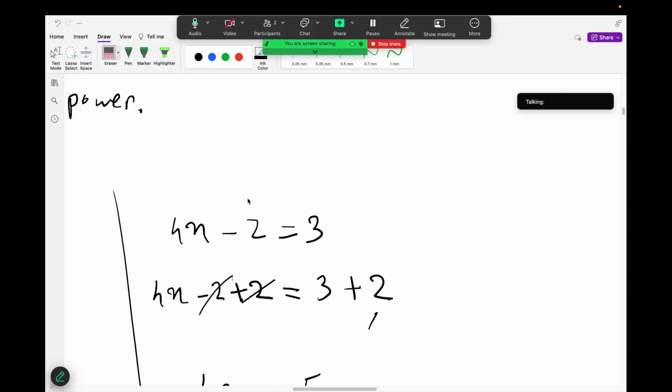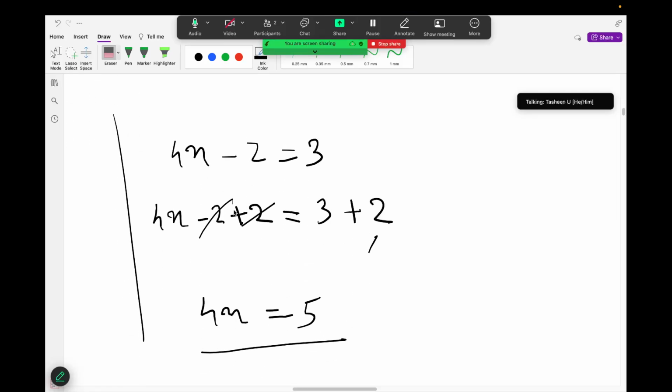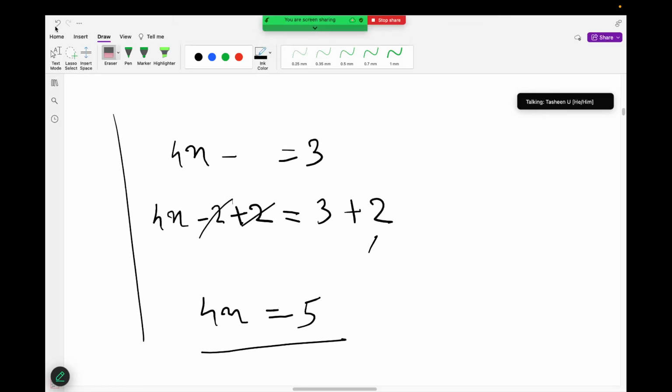Okay, so in mathematics there isn't actually anything called moving this thing outside. I know in our childhood we were told that when this thing goes to that side, it becomes plus, but actually that doesn't exist. We actually do the same thing on both sides. So we add 2 to both sides, and then these things get cancelled out.